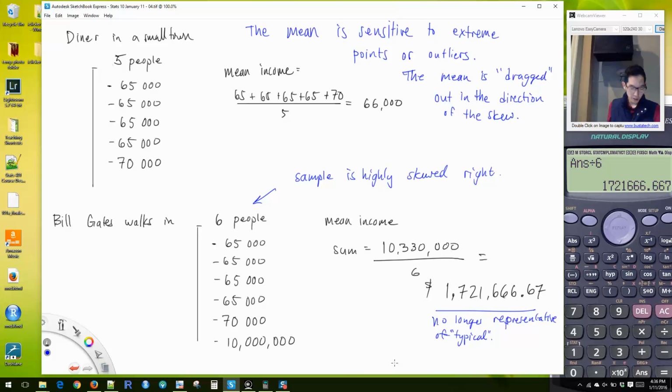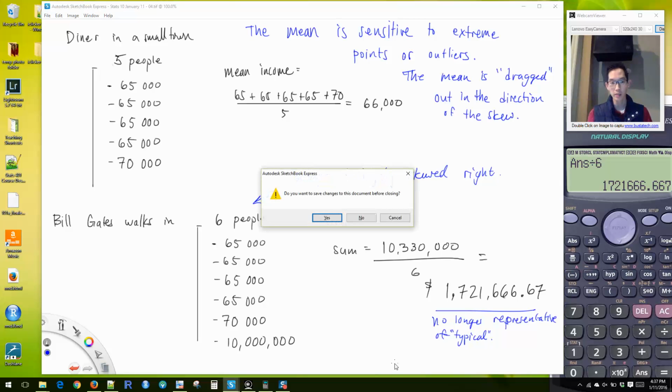All right, so let's talk about the standard deviation now. The standard deviation, on the other hand, is a way for us to describe the spread in our data.